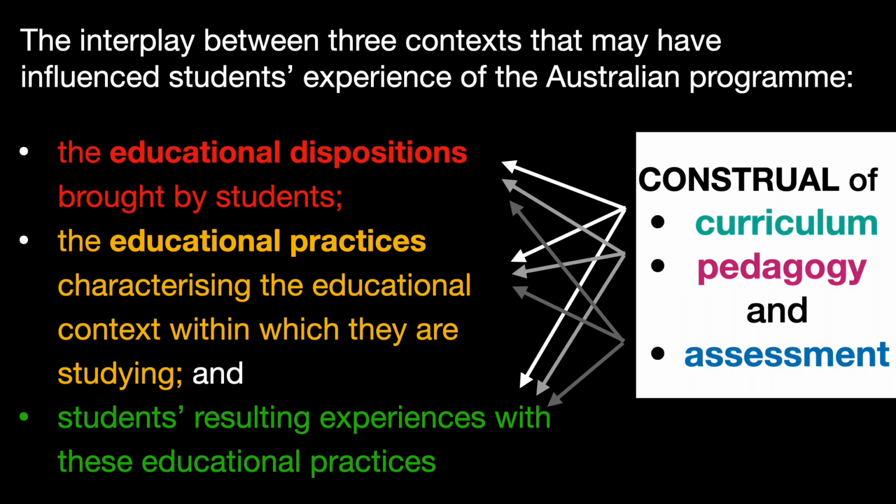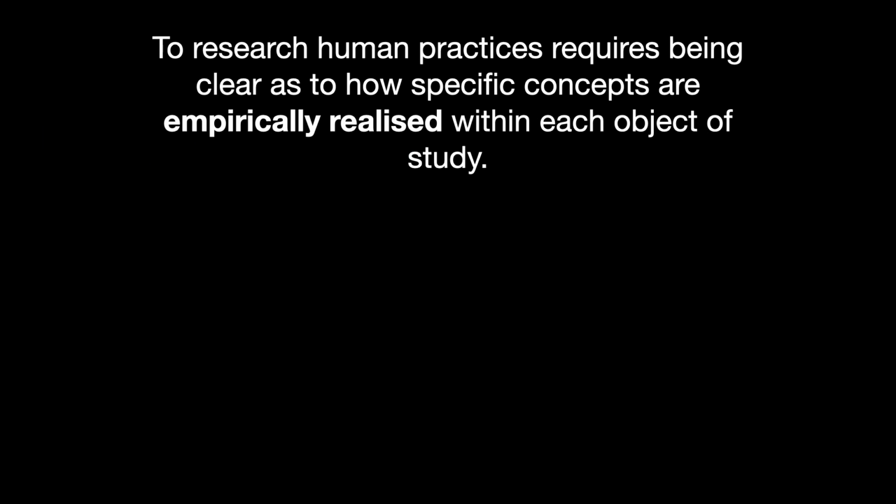Thus the study analysed an array of different issues involving diverse objects. This sounds great, but how can all these be related to each other? To research human practices requires being clear as to how specific concepts are empirically realised within each object of study.